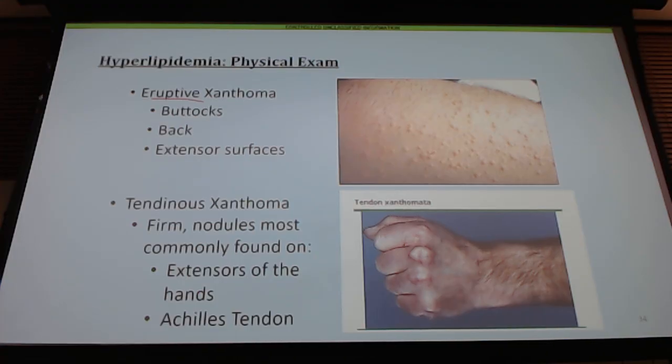Then there are the tendinous xanthomas, which are firm nodules that you'll see on the extensor surfaces of the hands and the Achilles. So you'll just see these firm nodules in those areas, and that is actually pockets of LDL packed into those cysts.